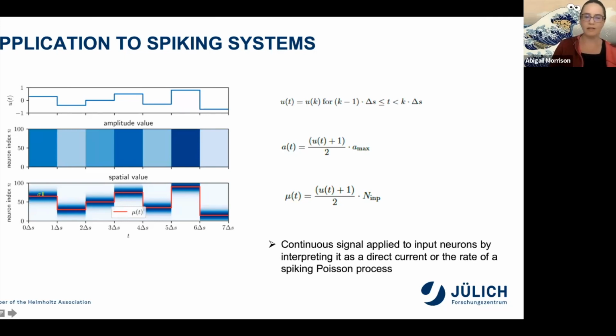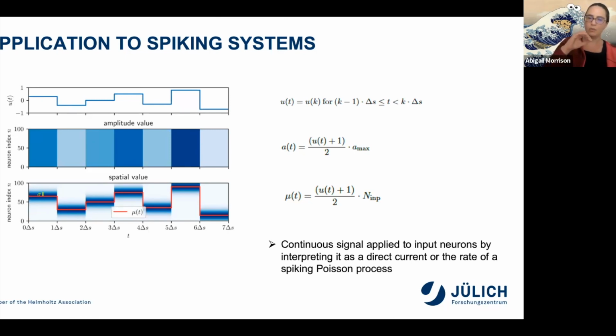So fairly self-explanatory. Then we choose another method, which we call spatial value, where we transform this u of t into a location.